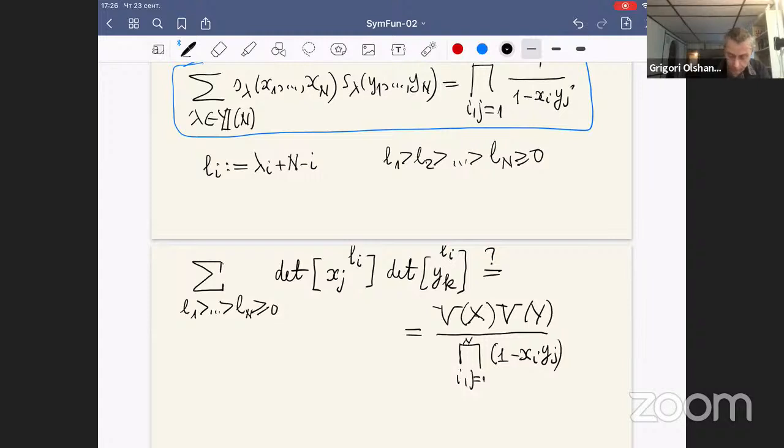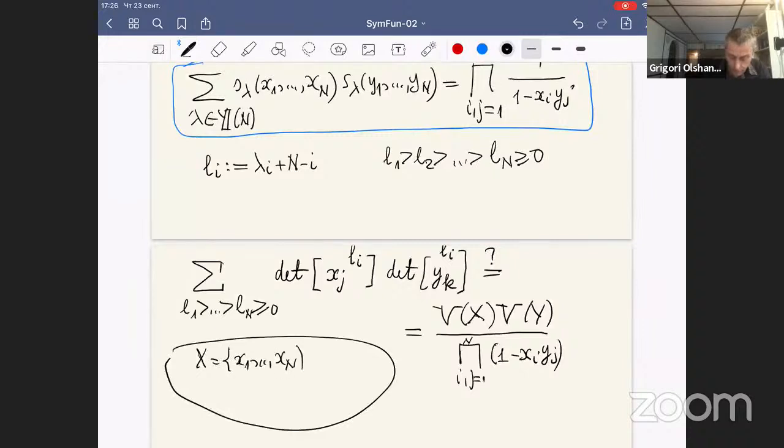Here I call x this collection of variables, and y this collection of variables. I just rewrote this equality. I represented each of these polynomials as a ratio of this determinant divided by this determinant, and then I transferred the denominator to the right-hand side. Okay?